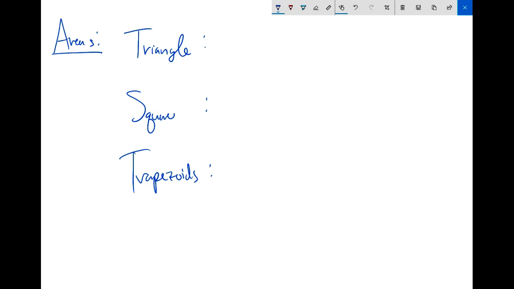But really, it's just an application of applying the formulas. So a square, you already know the area. If you have a square, say length by width, what's the area? For the area, it's just length times width.